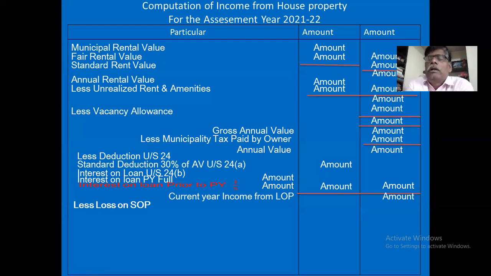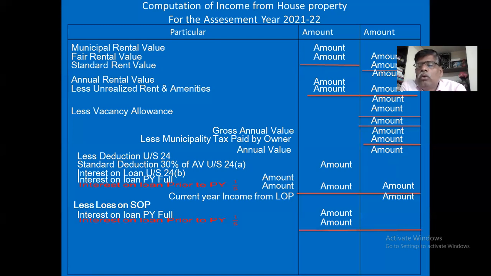Interest on loan pertaining to self-occupied property is called loss on SOP. Again, the previous year interest you take in full, and prior to previous year construction period interest you take 1/5.